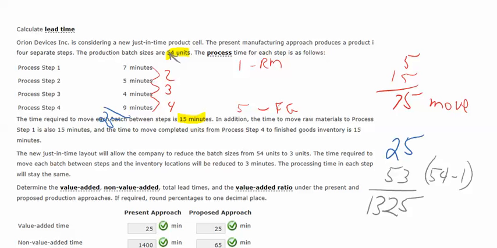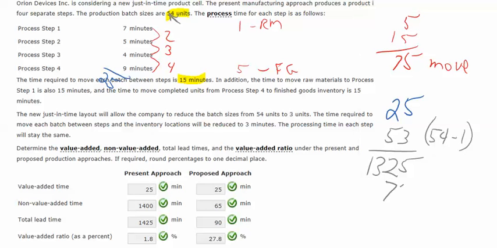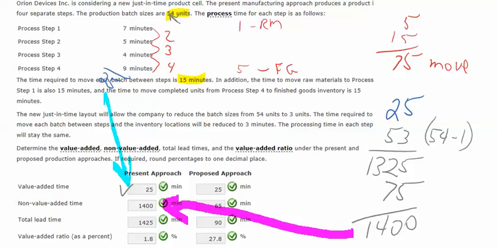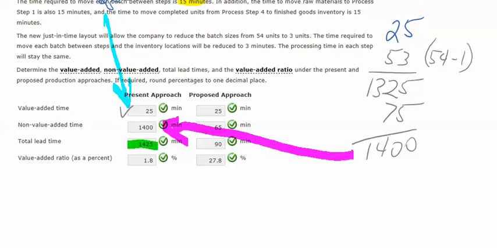If I add to that the move time of 75, my total is 1,400. So I've calculated the 25 minutes here. I've calculated the 1,400 minutes here. I add those together and I'll get 1,425 minutes. I can then make my calculation as a percentage.